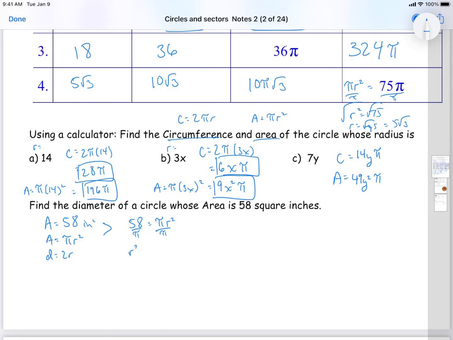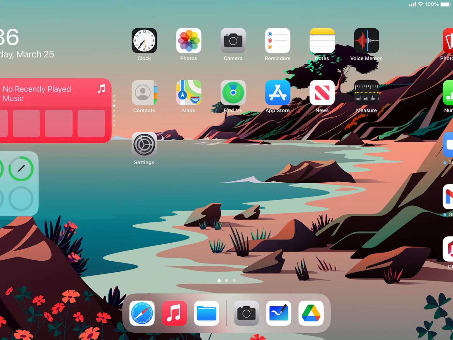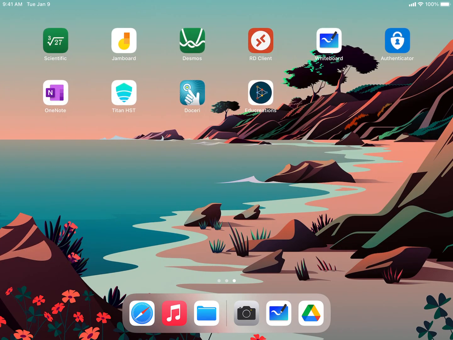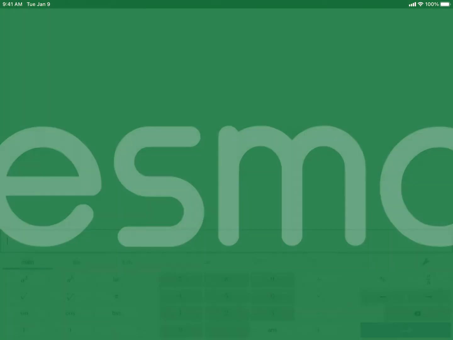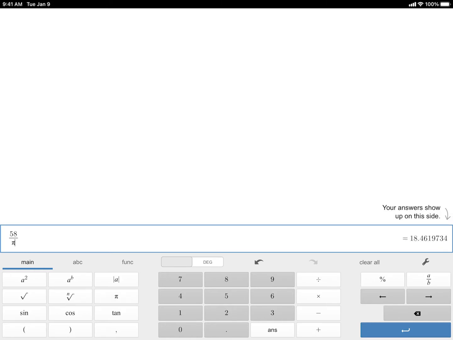I'm going to get r squared, and yes, I'm going to use approximate. I go 58 divided by pi, which is approximately 18.46. Okay?